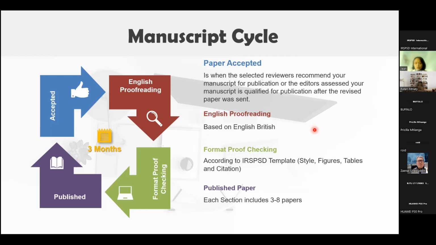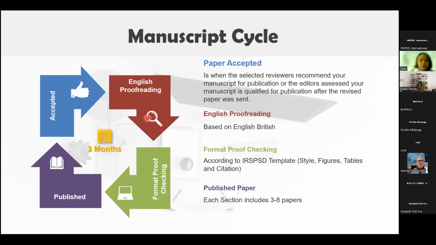Sometimes, if your paper is exceptionally good, it will be accepted after the first submission, but it's really rare that we see something like that. It might be that you send your manuscript and then you have to revise once, twice, or three times, and then we can accept your paper.